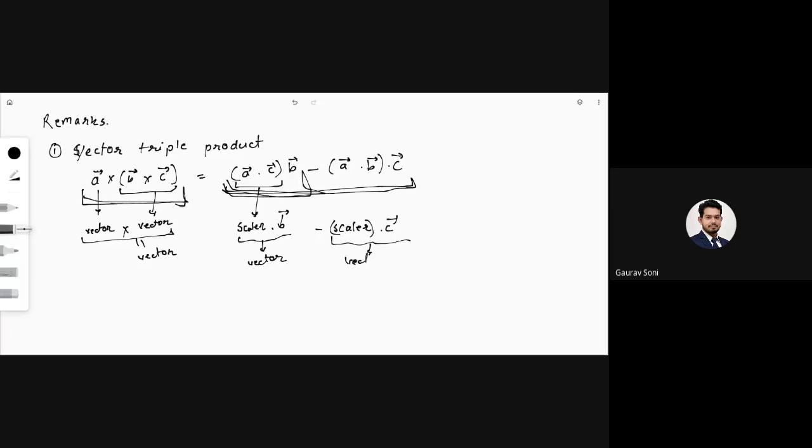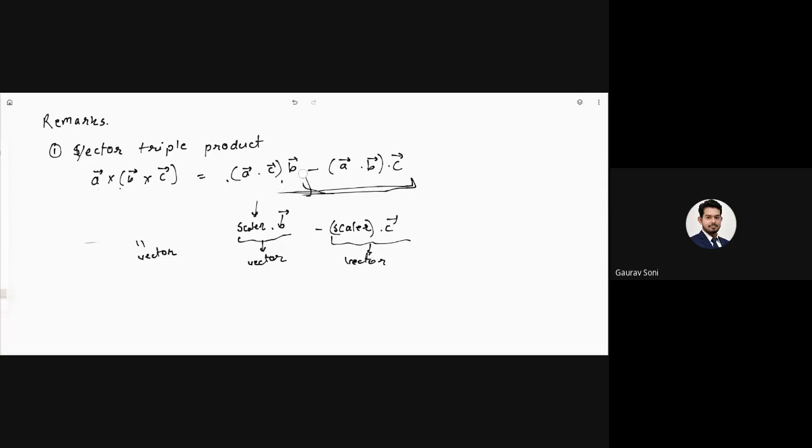So the subtraction of two vectors is a vector. So when you take the vector triple product, the answer will be a vector. Again, this formula you will have to memorize. I'm not going into the details of the proof. It will be required very few times, one or two times maybe, but you should know this.